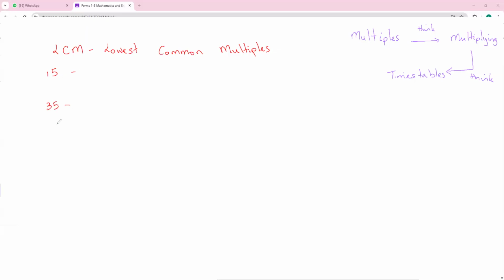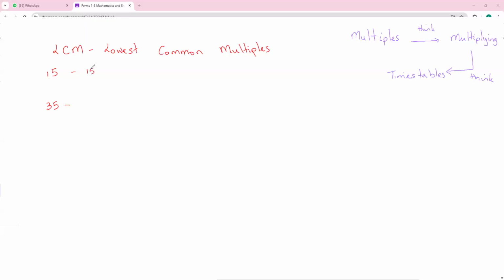So you want to find the LCM. So we're thinking timetables. Now, if you are able to use your calculator, then we just write out the timetables for 15.